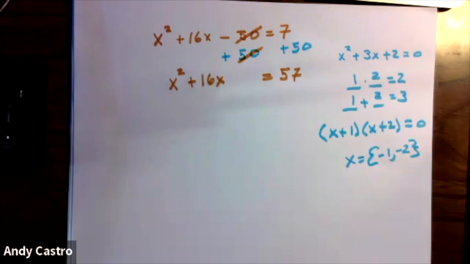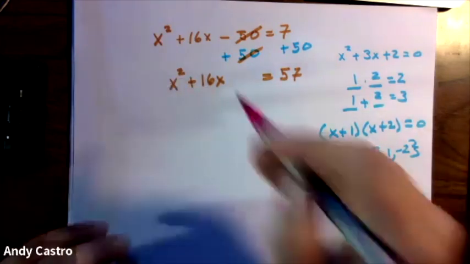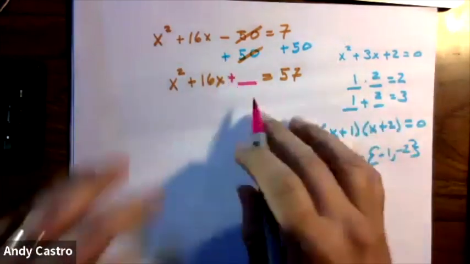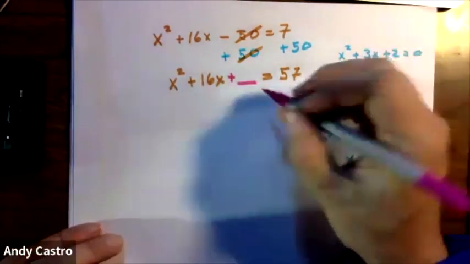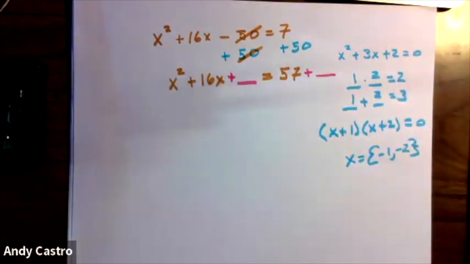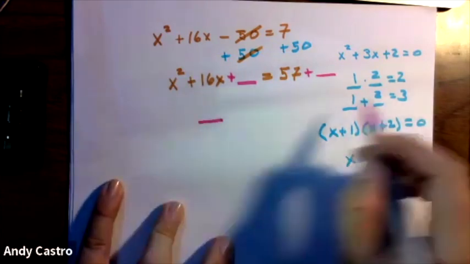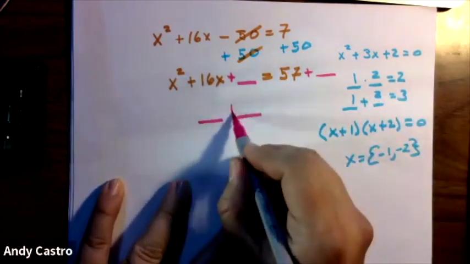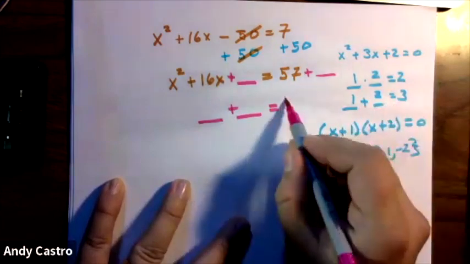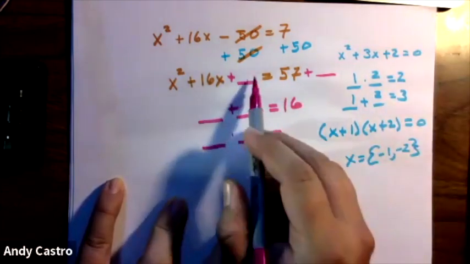All right, now I want to complete the square, which means x squared plus 16x plus something is going to give me a perfect square. And I need to add that something over here too. So what is that perfect square? Just like over here, two things that add to give me 16, but they multiply to give me this right here.